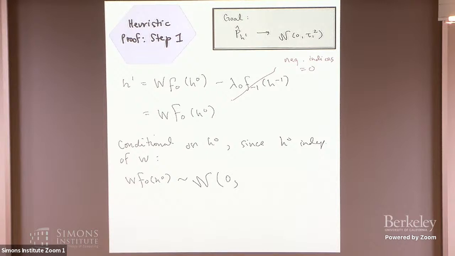Where the mean is 0, and the variance is almost the identity. But there's one additional term that just comes from the symmetry.